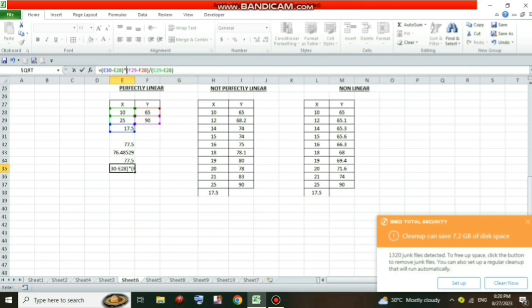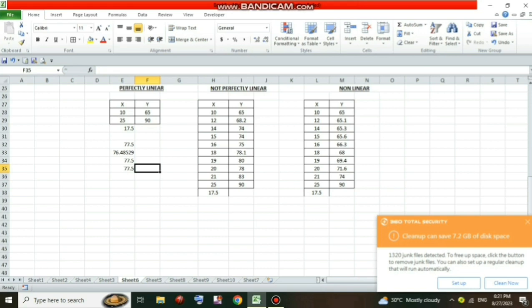So I hope you have understood. First I have taken y2 minus y1 divided by x2 minus x1. For that I have taken the value that we are going to predict minus this, plus this one. Let me enter it and see what answer we get. So 77.5. You can see 77.5 is the closest answer that we are getting in all these three cases.